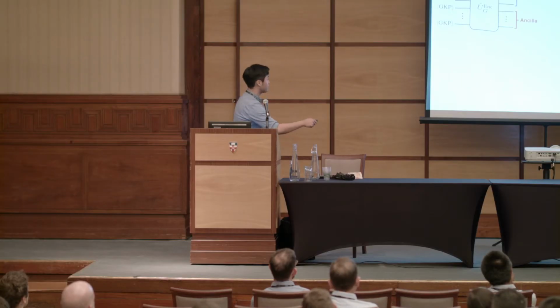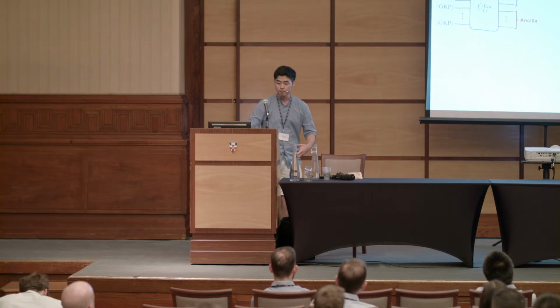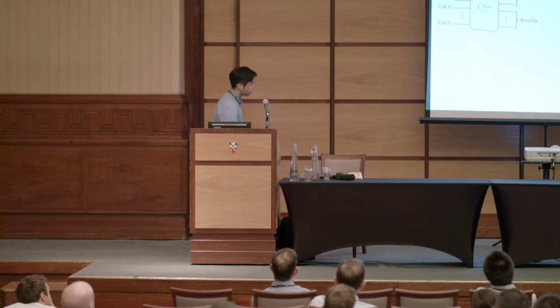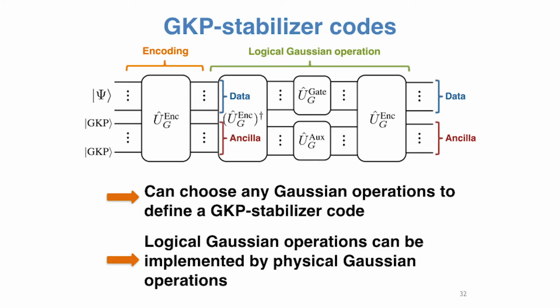So instead of using, say, position eigenstate to define some bosonic stabilizer code, we are using this non-Gaussian resource to define something actually can correct error. So this defines the entire GKP stabilizer codes, and one can play with many different encodings, many different Gaussian operations to define some interesting code.